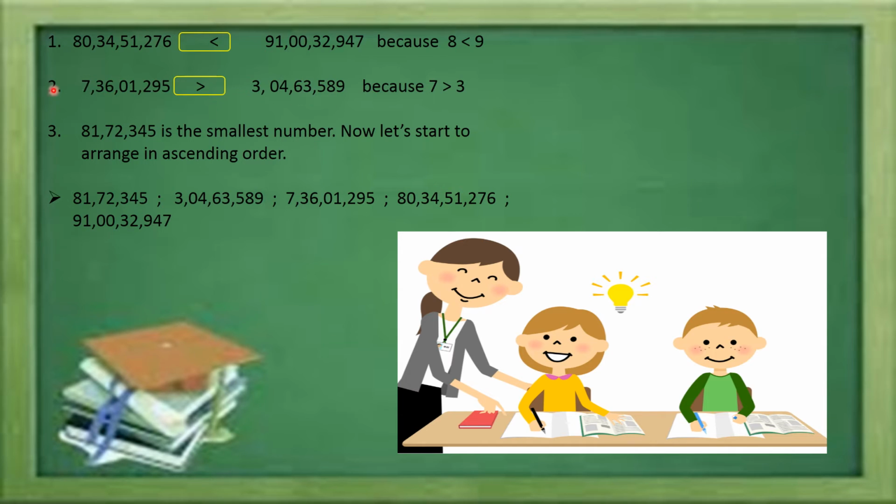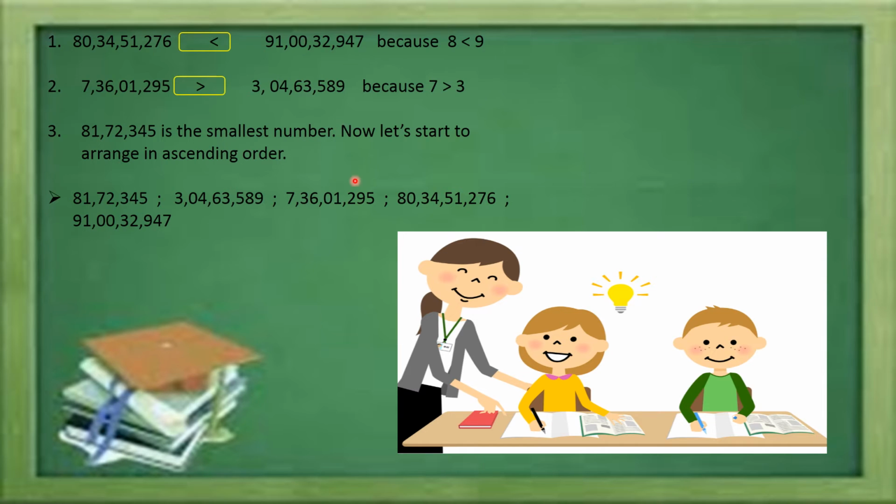That means the whole figure is greater than the other one, right? And coming to the last figure, 81,72,345 is the smallest number.